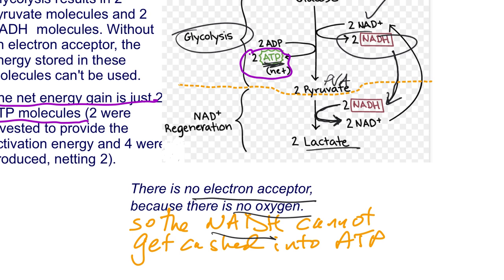Lactic acid has higher energy than pyruvate, and it's kind of wasteful that it's produced because you're wasting all that energy in the NADH, which is worth 3 ATPs each. So you're just throwing 6 ATPs of energy into this molecule of lactate.